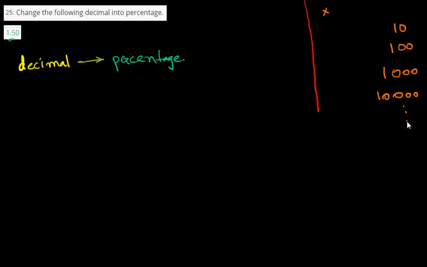One thing that is common in all these numbers is that they are made up of 1 and a couple of zeros. Now the rule tells us that whenever we want to get rid of a decimal point in a decimal number, we multiply it by one of these numbers.